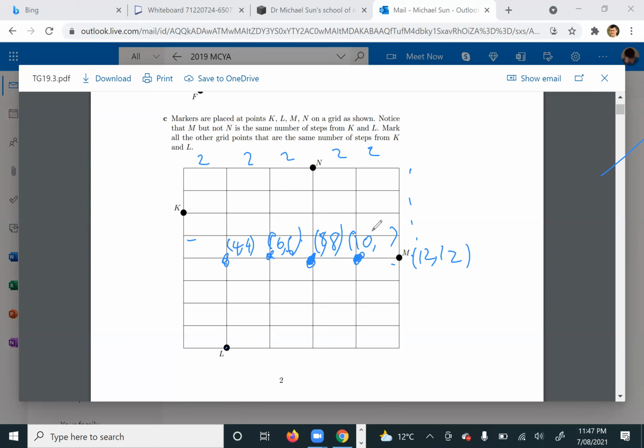It's 10 because to K it's 2, 2, 2. What about L? It says 1, 2, 1, 2, and then that is 6 and 8.